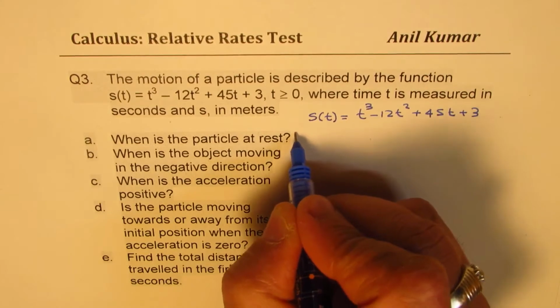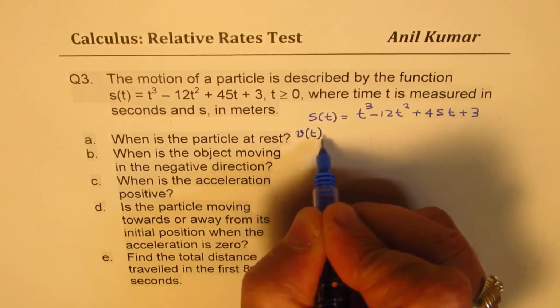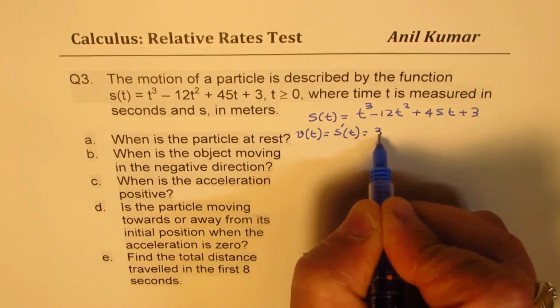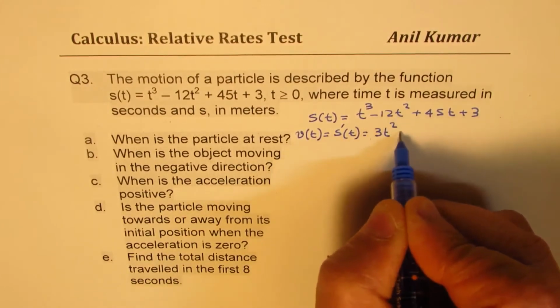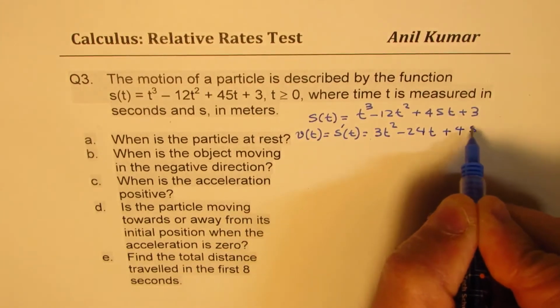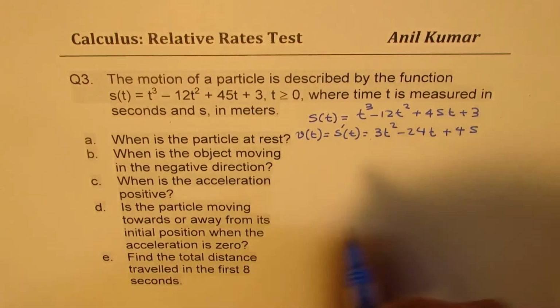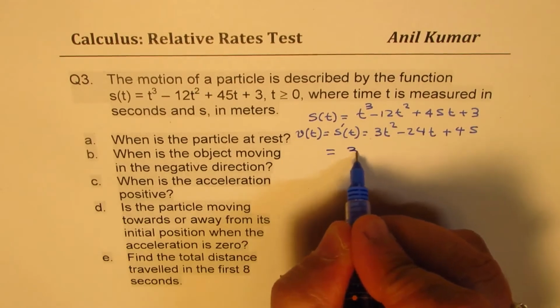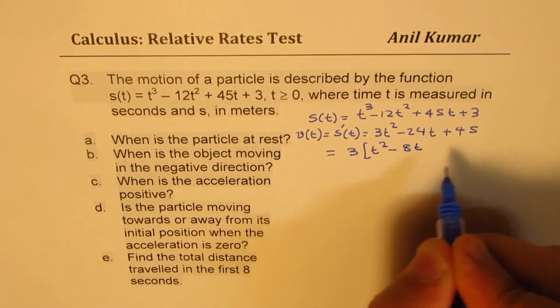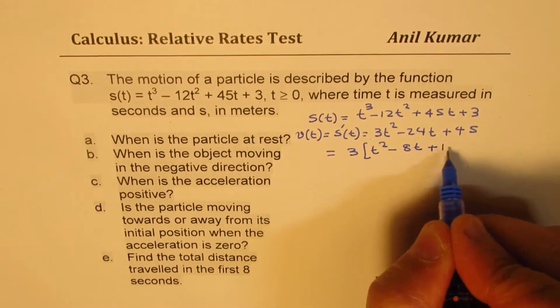The derivative of this will give us the velocity, right? So velocity equals the derivative of displacement, which will be 3t squared minus 24t plus 45. Now let's factor this. So we get 3 common, we get t squared minus 8t plus 15.